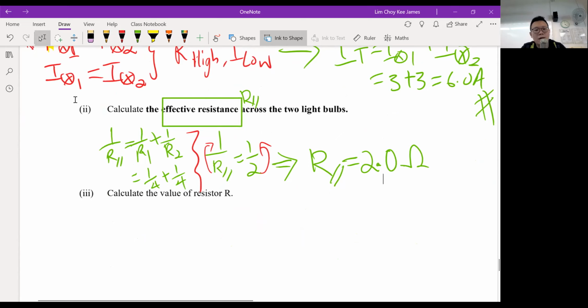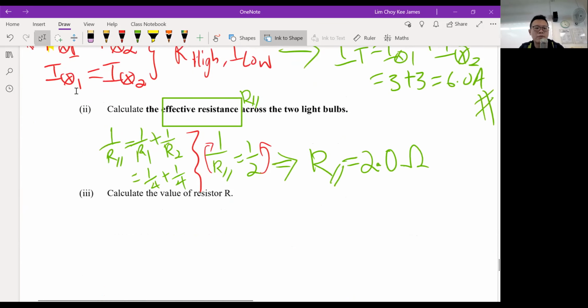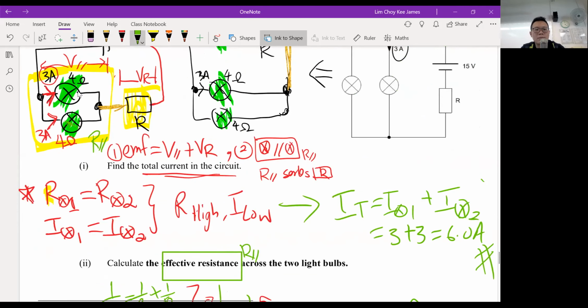Now the easiest way, since you already have the total R parallel, is that the circuit will end up this way. After you sum up all the resistance of the light bulbs in parallel, this will become R parallel, and this will become R. These two light bulbs, you sum them up, they will be R parallel.